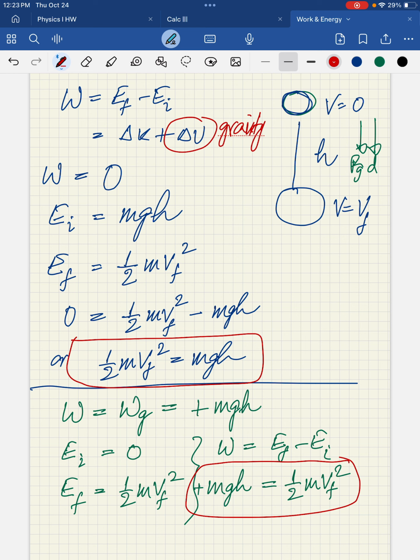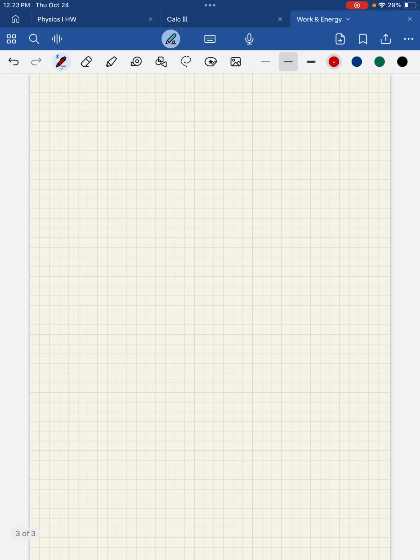Now with this, let me take a spring as an example. A spring example is slightly more complicated, so just pay attention to this, right? So again, the work done by spring is given by half k delta x square.